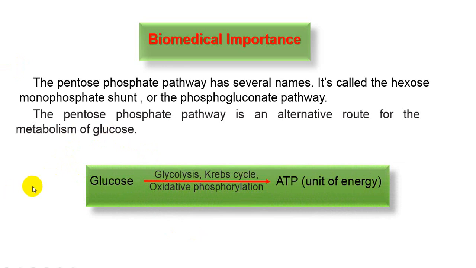We've got glucose in glycolysis, the Krebs cycle, and oxidative phosphorylation. The result is ATP, adenosine triphosphate, the unit of energy. This is the result from the breakdown of glucose.